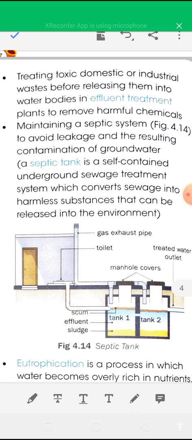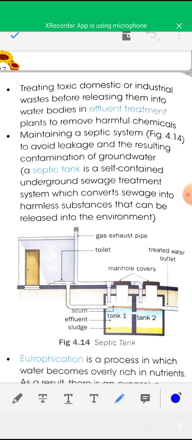So first one is treating toxic domestic or industrial waste before releasing it into water bodies in an effluent treatment plant, to remove harmful chemicals. It is one type of modern technique. Second one is maintaining a septic system, shown in figure 4.14.